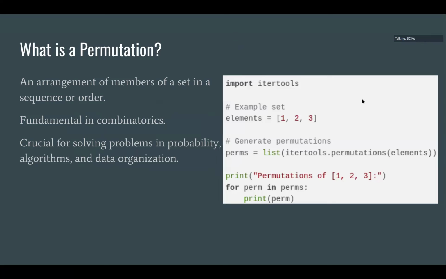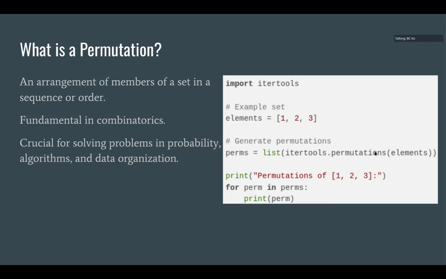And let's take a look at Python code. We will first start by importing the itertools module, which is useful for creating iterators, including permutations. And then we will define a list called elements containing 3 items, 1, 2, 3, and using the itertools permutations function, we can generate all possible permutations of the list.